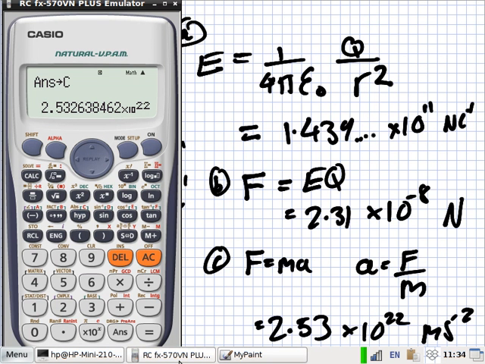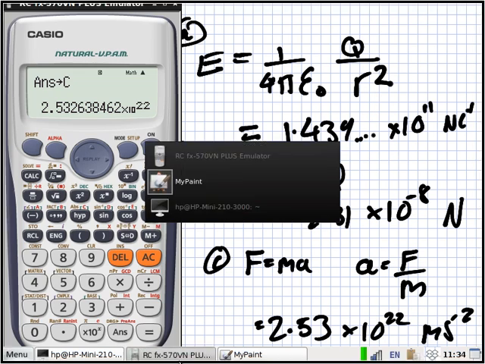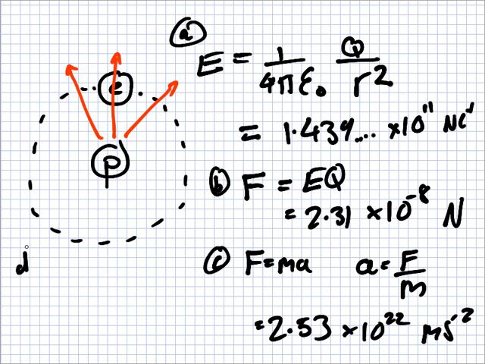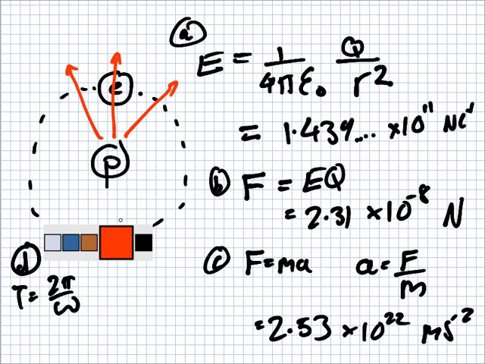Now, what's the periodic time of the orbit of the electron? D. Yeah, so it's 2 pi over omega. But we can use our trick again, can't we?